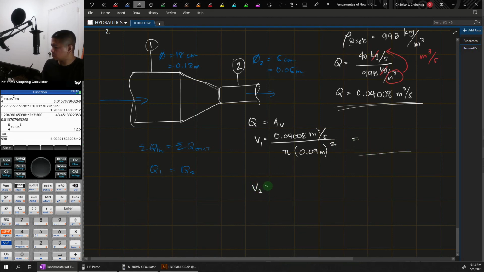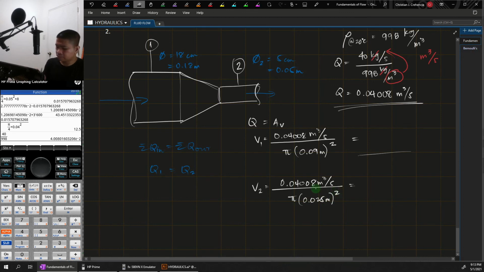Velocity 2 is equal to the same discharge. Q1 is equal to Q2, 0.04008 cubic meter per second. Then divided by pi, then 0.05 meter. Radius is 0.025 meter, then squared.